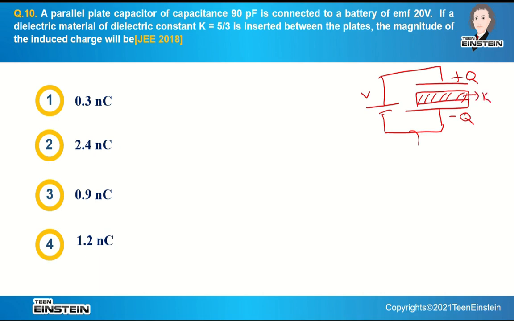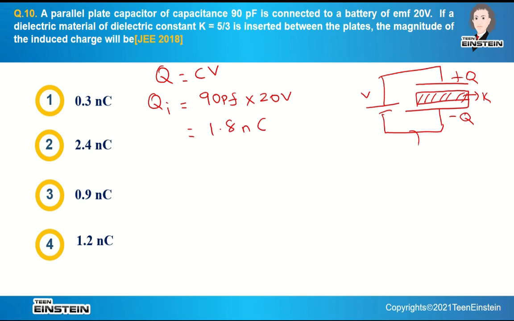Okay, so for a parallel plate capacitor, the Q value is given by CV. The initial charge Qi, without inserting the dielectric, will be 90 picofarad into the voltage, 20 volt. This is the initial charge, which is equivalent to 1.8 nanocoulombs.